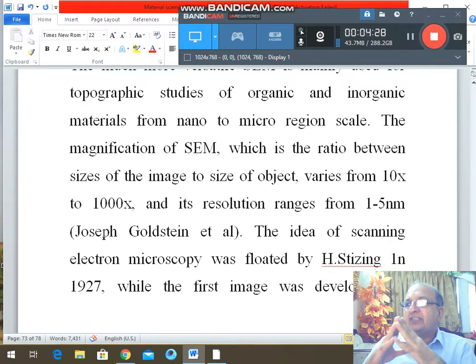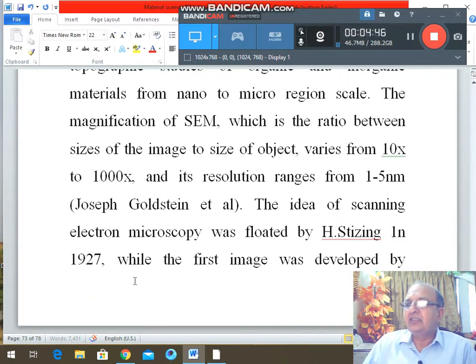If the distance between 2 points or 2 particles is from 1 nanometer to 5 nanometer, then you can see them separately with the help of scanning electron microscope.